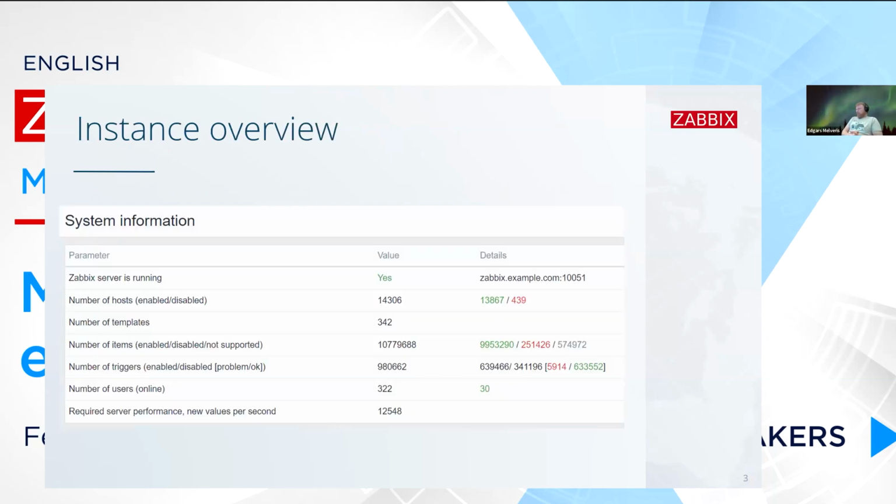After a while, when everything was actually introduced, this is what we ended up with: about 14,000 devices and 12,500 new values per second. But they had a major problem. SNMP was just dramatically slow there. We introduce proxies, we start monitoring hosts, pollers become 100% busy.